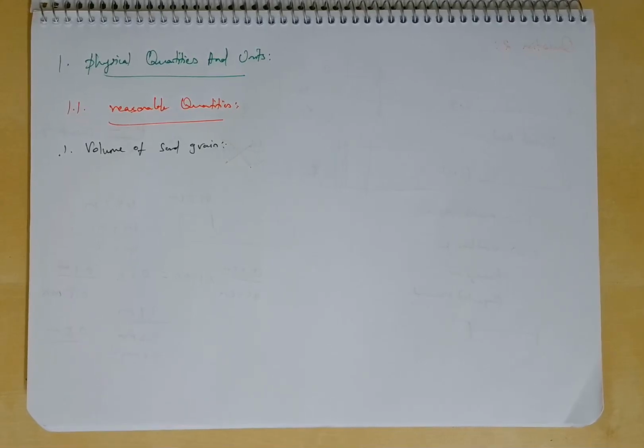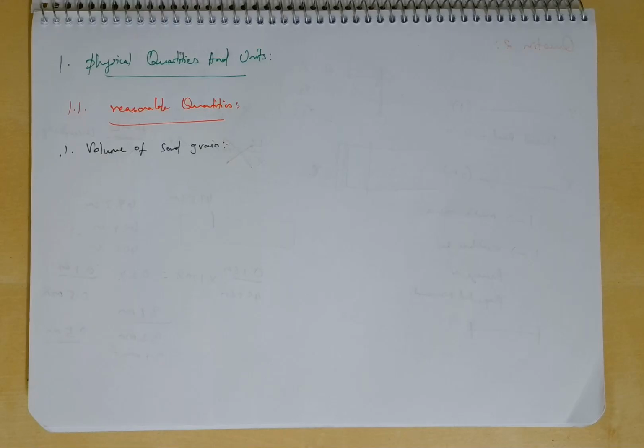What would be the shape of a sand grain? A cube of each side. So we can take 1 millimeter each side.